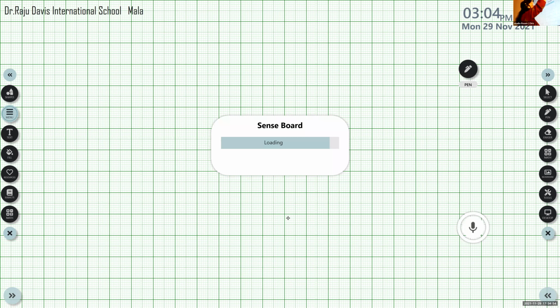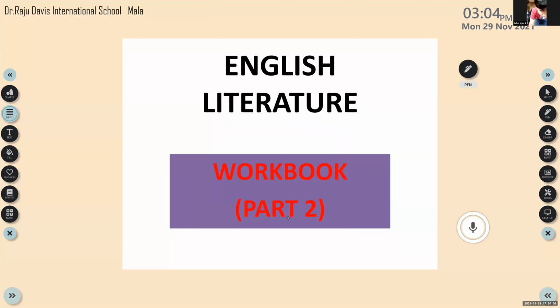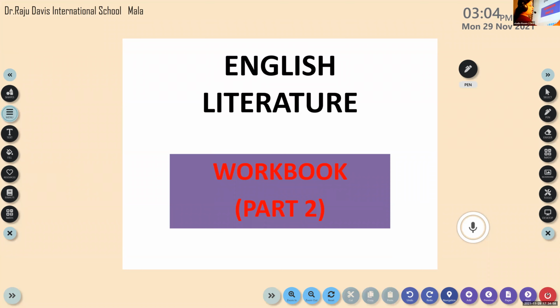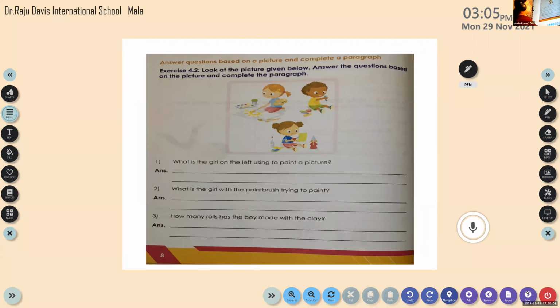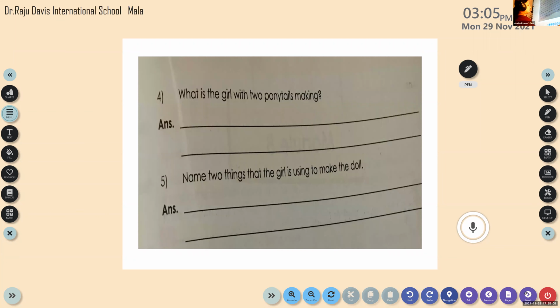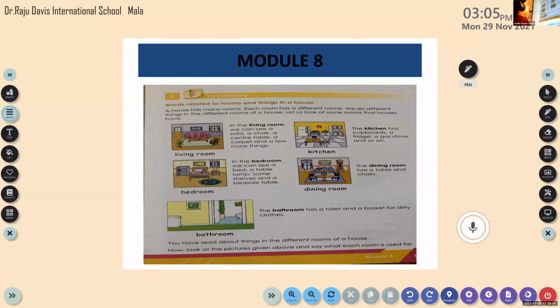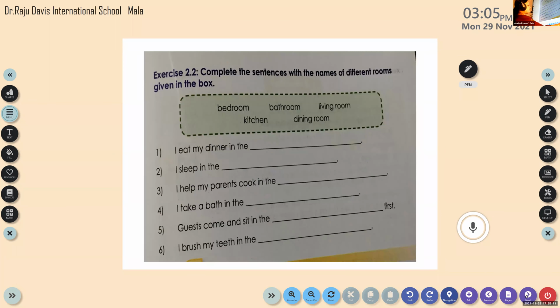So before we start with the exercise on page number 25, I want one of you to tell me, what do you understand by the term alphabet? What is the alphabet?